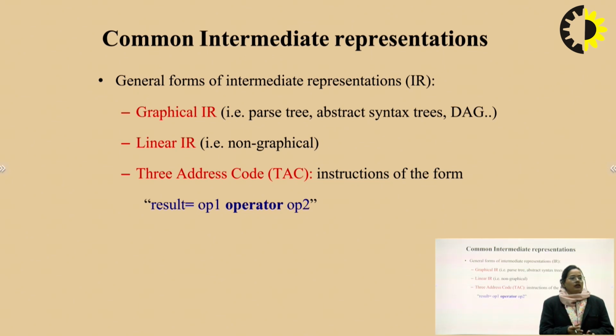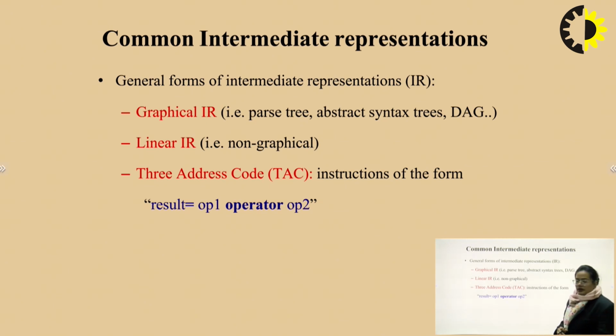There are three common intermediate representations: first, graphical intermediate representation; second, linear intermediate representation; and third, three address code representation. In graphical representation, the parse tree, abstract syntax tree, and directed acyclic graph come into the graphical representation.